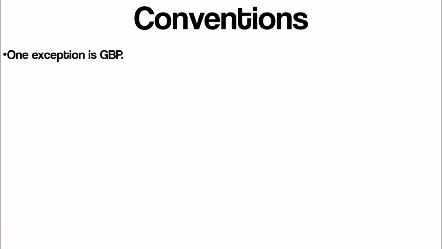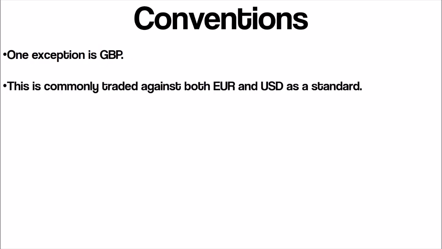Okay, so one other example is sterling, which is slightly different. This is commonly traded both against the euro and the dollar, and so sterling dollar, GBP USD, is also colloquially called cable. I think that refers to when trading first started across the Atlantic, the signals used to be transmitted via a cable under the Atlantic, and that's why it's called cable.